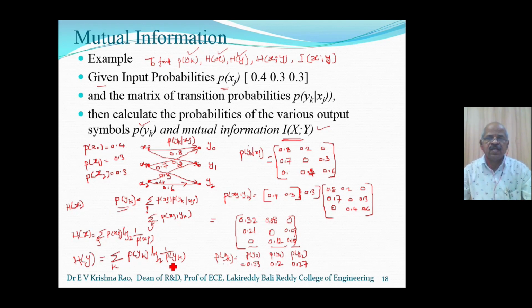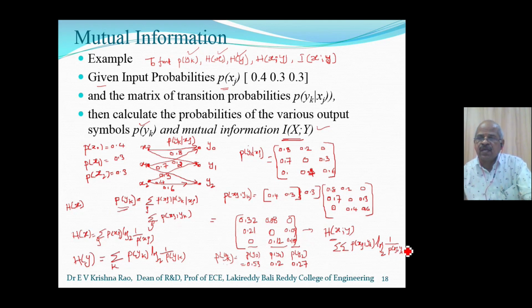And you have joint probabilities of P of xj and yk, and you will get H of x comma y also from these joint probabilities. That is the sum of P of xj yk logarithmic base 2 of 1 by P of xj yk for all j, for all k.